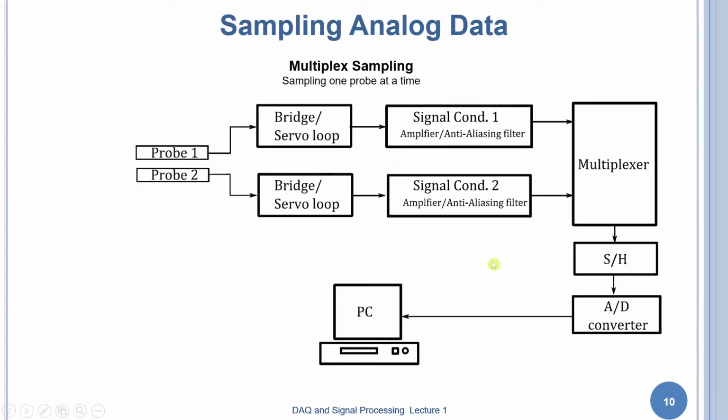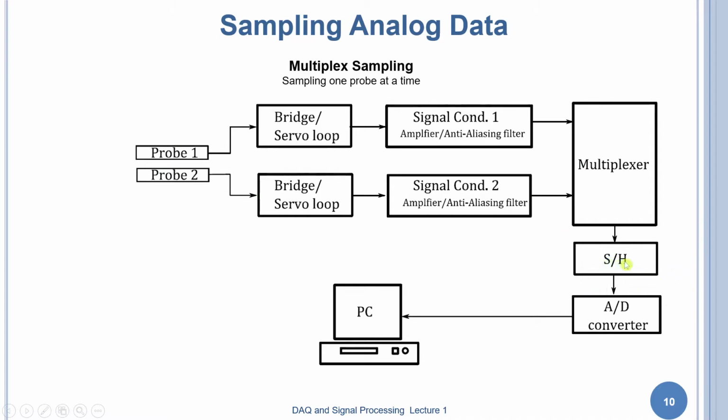So next we will see how to sample your data. One way of sampling your data is known as multiplex sampling. In this, for two different probes, if you are using two different sensors, you are going to use a multiplexer to sample the data, and both the probes are going to have a common sample and hold module.